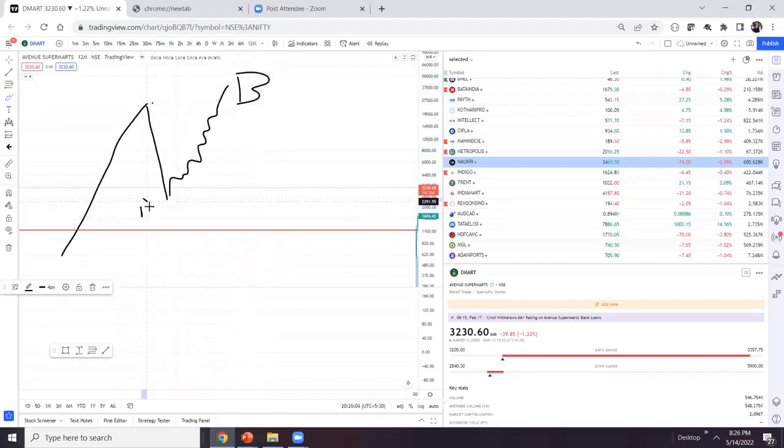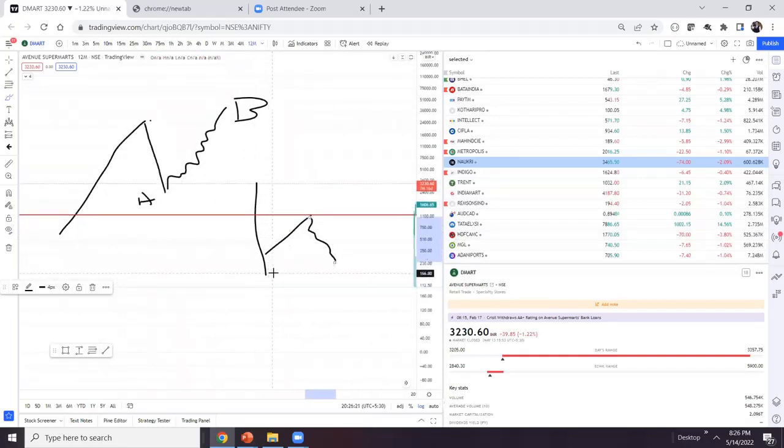If this is an A wave, the correction will break this top. And let us reverse this. If there is an impulsive down move, then there will be a fast pullback, and then the correction will break this pattern, and then it will go again up.